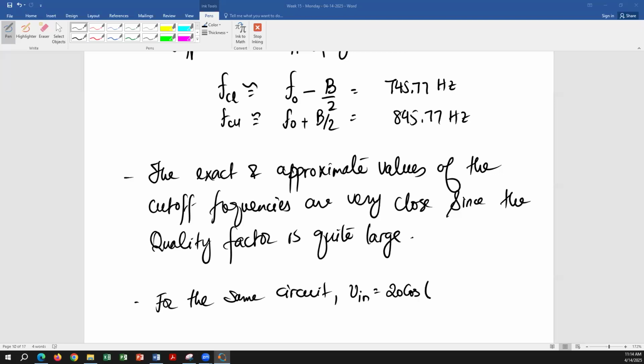Omega is 2 times 1000 pi. Okay, input voltage is given as 20 cosine 1000 pi t.